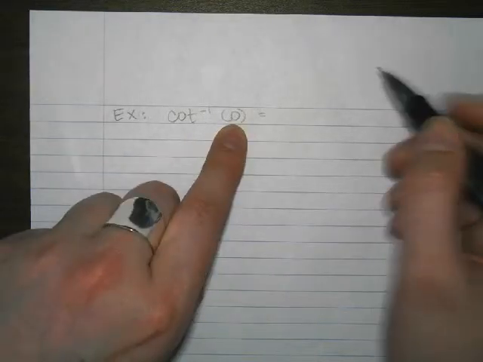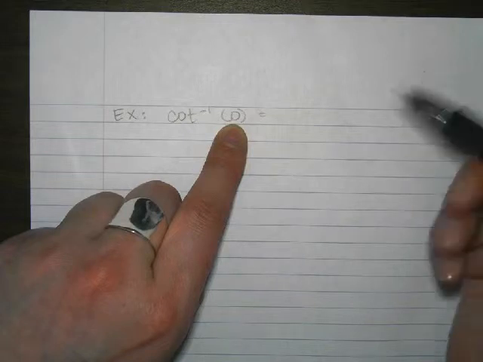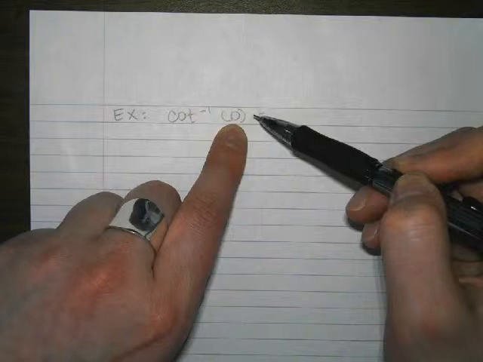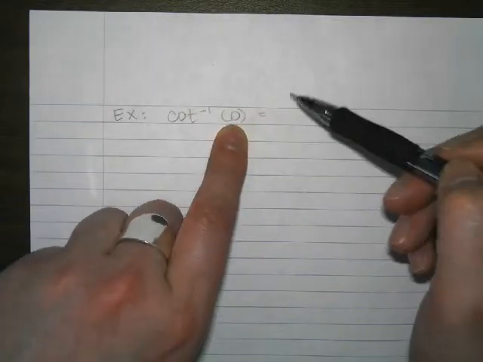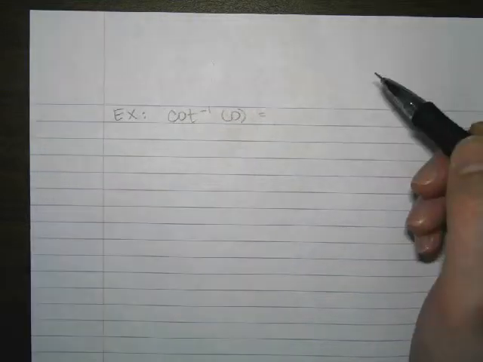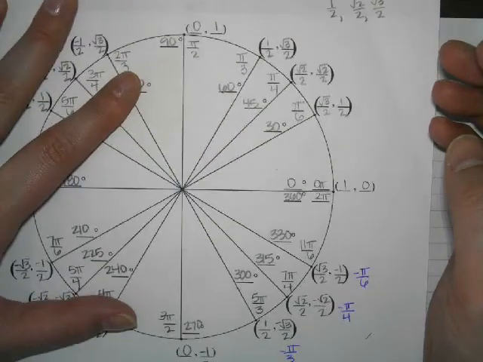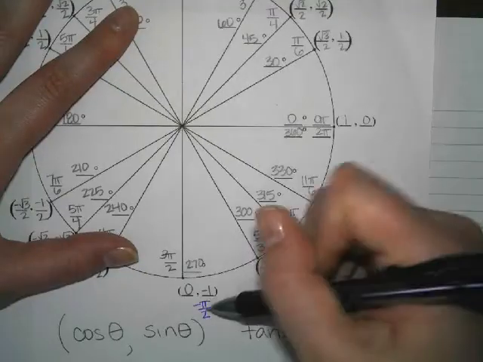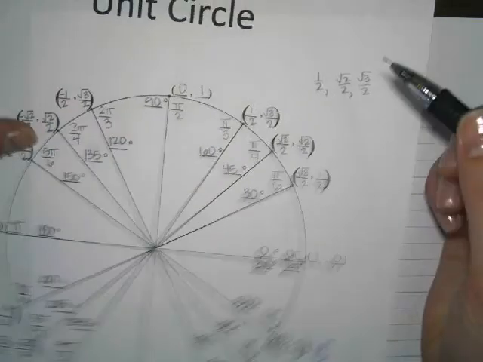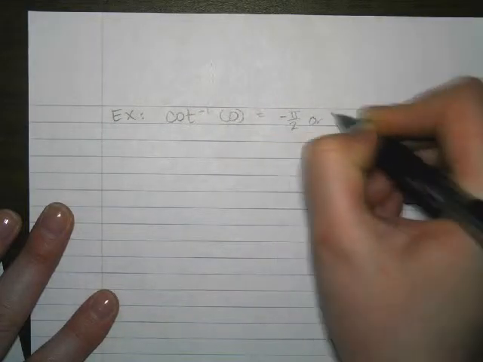So here, cotangent inverse would still be in quadrants 1 and 4 because cotangent is related to tangent. So we're still looking in quadrants 1 and 4. And we're looking for something where the x value divided by the y value would equal 0. Yeah, so this one is actually going to have two answers that we could possibly have. Negative pi over 2 or pi over 2, okay? So I'm going to say negative pi over 2 or pi over 2.